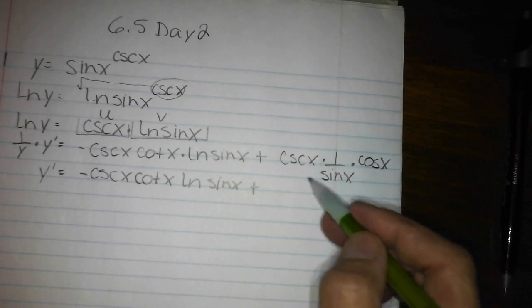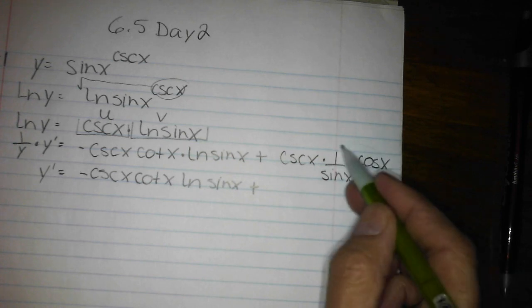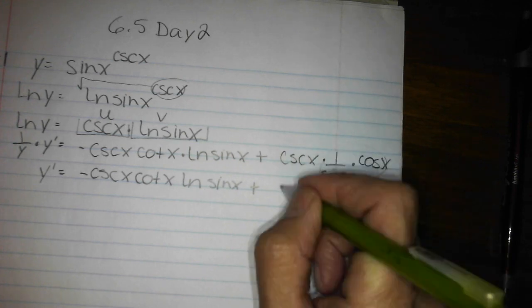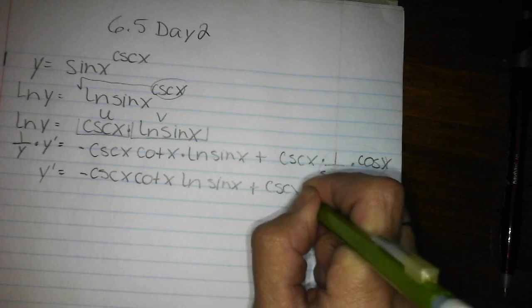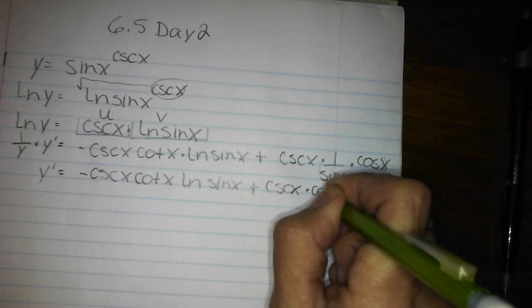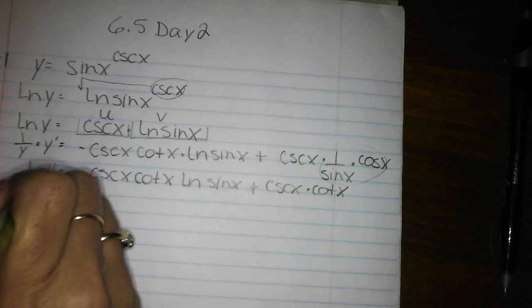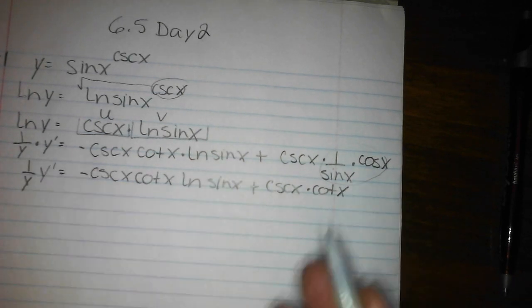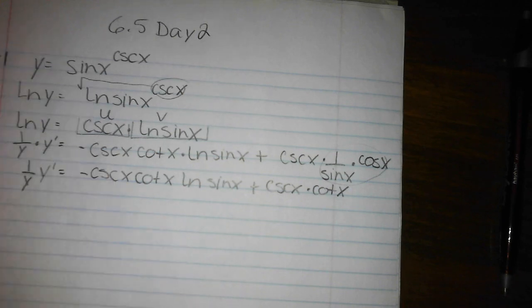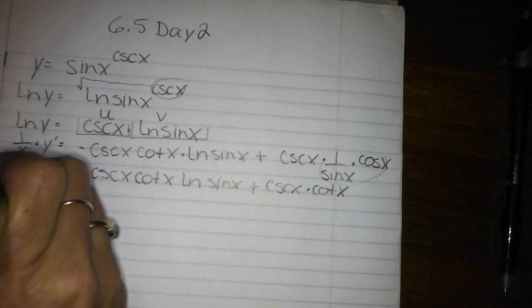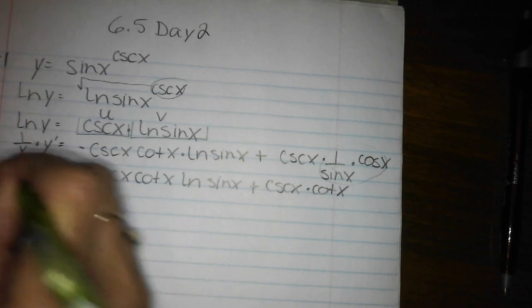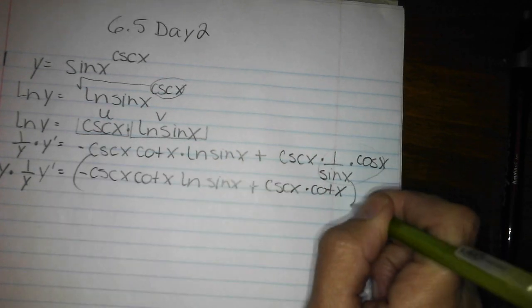Cosecant will be 1 over sine. Nothing cancels, but I can take these two terms and make that cotangent. Oh, I forgot my 1 over y here. And now my last step is to multiply both sides by y and substitute what y is for. So I'm going to times by y here, put parentheses, times by y here, and then substitute that in for the y.